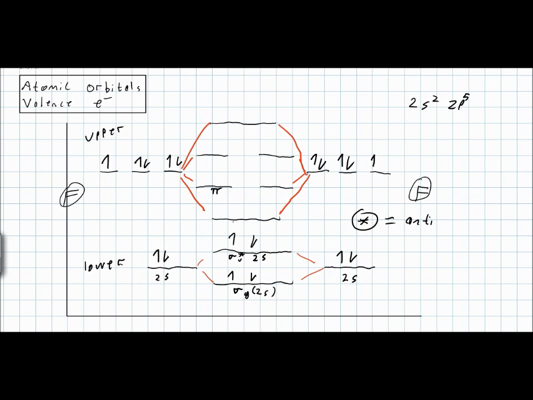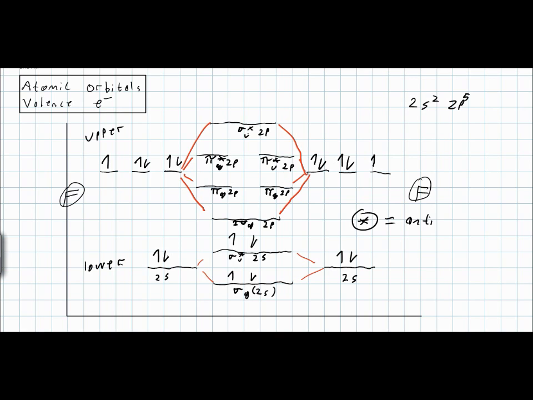So this is going to still be a sigma g, but it's going to be 2p. This is going to be a pi u 2p, a pi u 2p, and then this is going to be, as you probably have guessed, pi anti g 2p, pi anti g 2p. And then up here at the highest energy level is the anti-sigma bond for 2p.